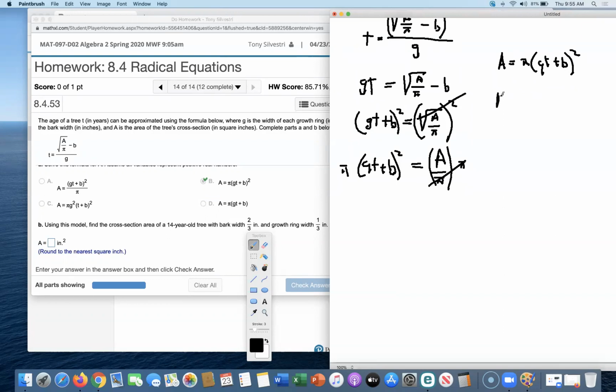So A equals pi, which is a number that's on my calculator. G is 2/3? No, that's the bark width.